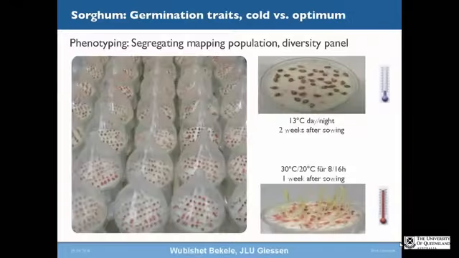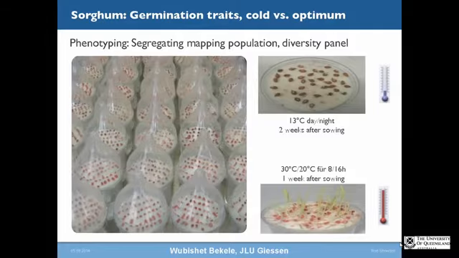And we're also interested in it in canola for various other reasons, but I'll come back to those later. So in sorghum, as I said, we basically have these different kinds of populations, and we try and phenotype them for anything we can think of, which may or may not be vaguely related to germination and emergence under cold temperatures.